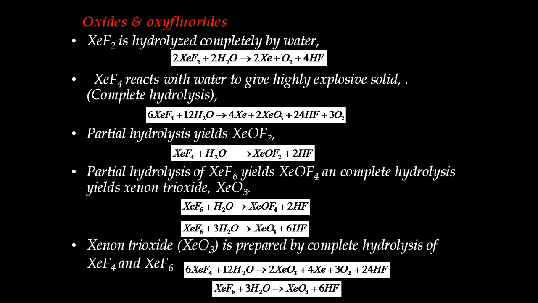So that is how we prepare oxides and oxyfluorides of xenon. This will be very important: remember that the oxides and oxyfluorides of xenon are prepared from fluorides of xenon. From XeF2, XeF4 and XeF6 you can easily prepare the oxides and oxyfluorides, depending upon the extent of hydrolysis.